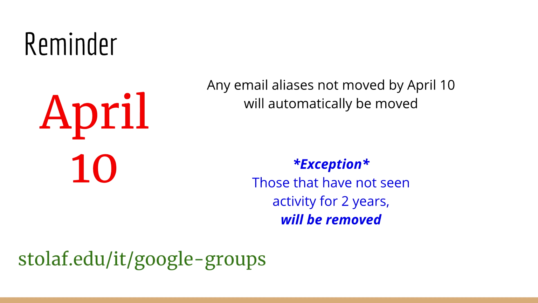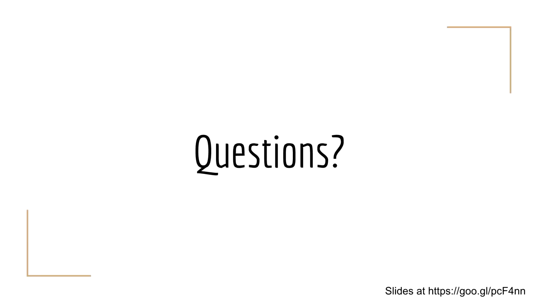We figured that was a broad enough time frame to allow some activity. If you have a list that gets an email once every 3 years, it's very important that you go to account services and make sure you migrate it before April 10th. So, that's it. Any questions?